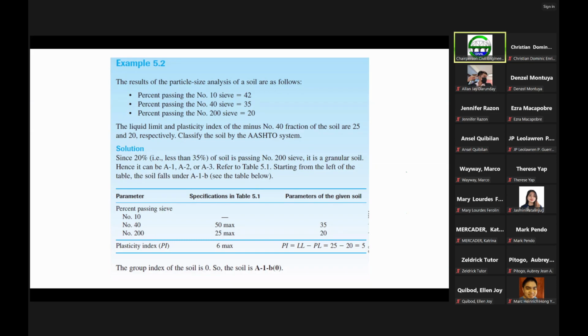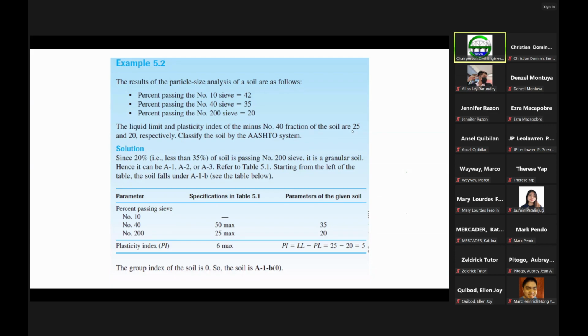You also did in the lab the Atterberg limit tests, wherein you had the liquid limit and, sorry, this is not PI, but rather the plastic limit. This is the plastic limit of the minus number 40 fraction, the materials passing the number 40 sieve, so that's the 35 and the 20.